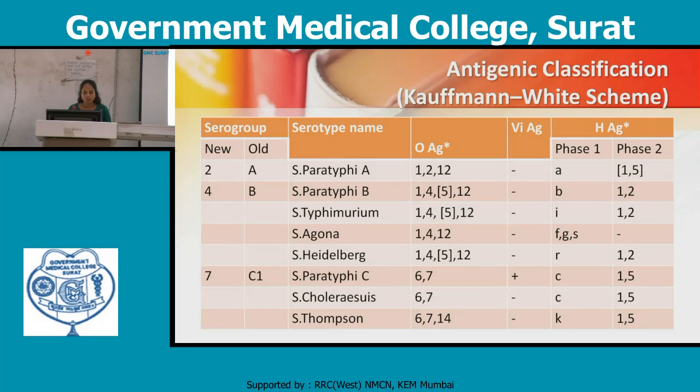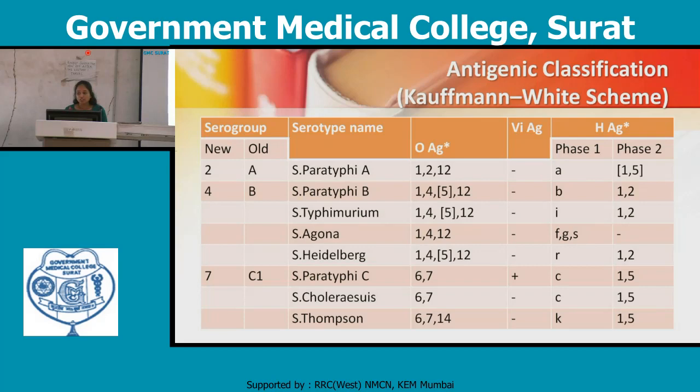First, new serogroup 2, in old it is called A. Serotype name S. paratyphi A. It contains O antigen 1, 2 and 12. It does not contain Vi antigen. In H antigen, phase 1 is a and phase 2 is 1 and 5.